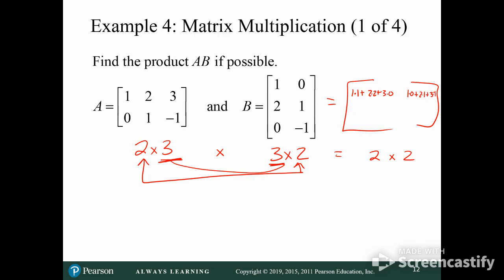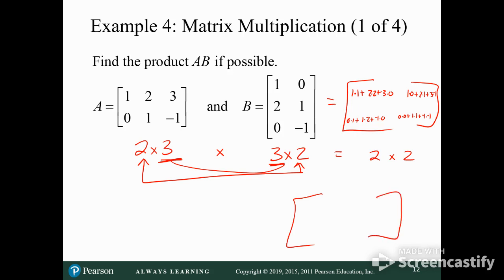Then this element down here will be 0 times 1 plus 1 times 2 plus negative 1 times 0. And the last element will be 0 times 0 plus 1 times 1 plus negative 1 times negative 1. Then you just do the math of each of those.